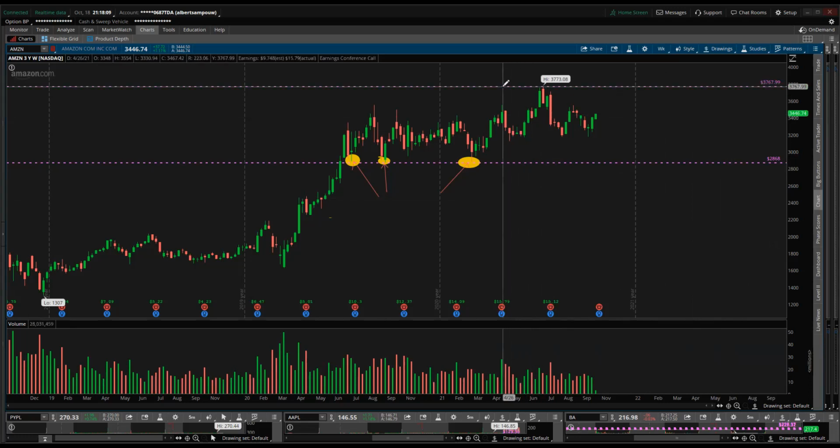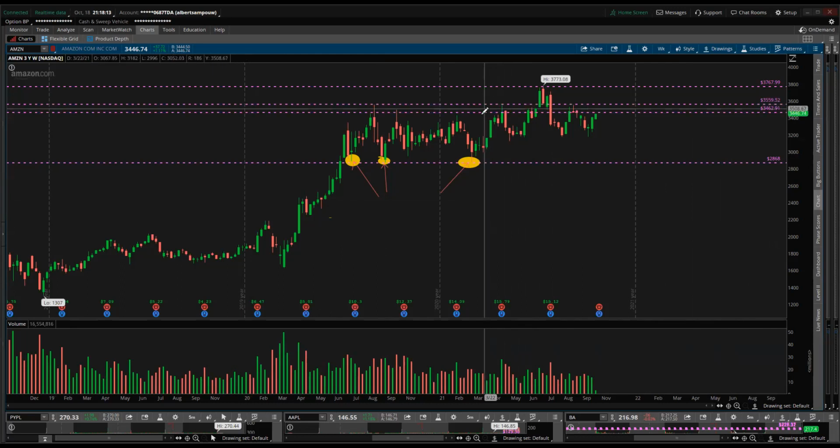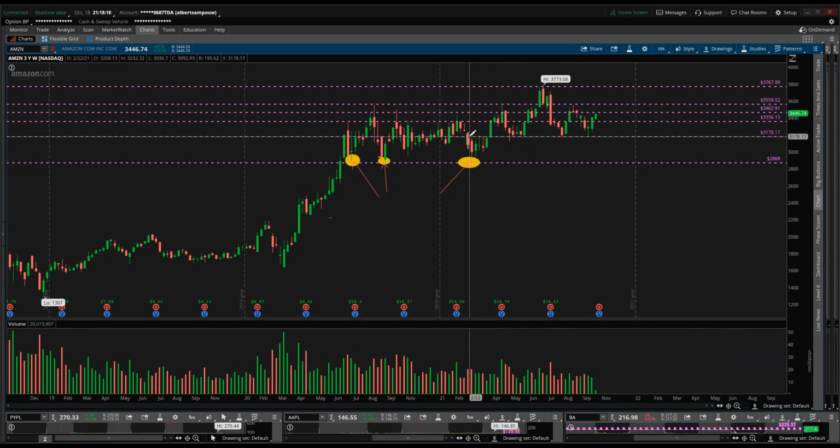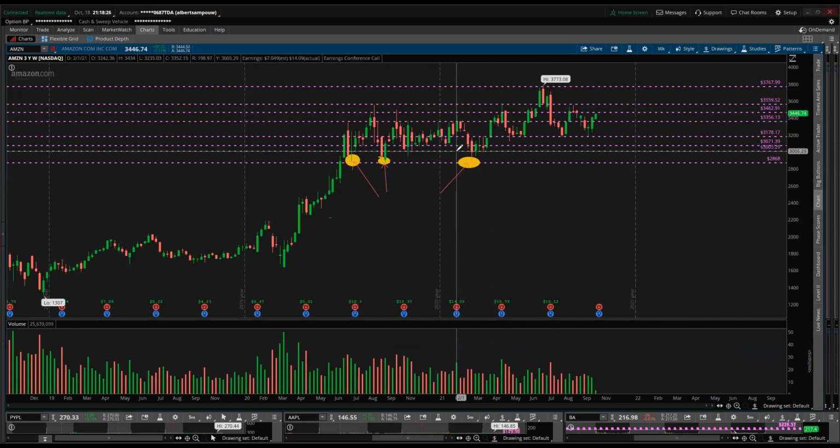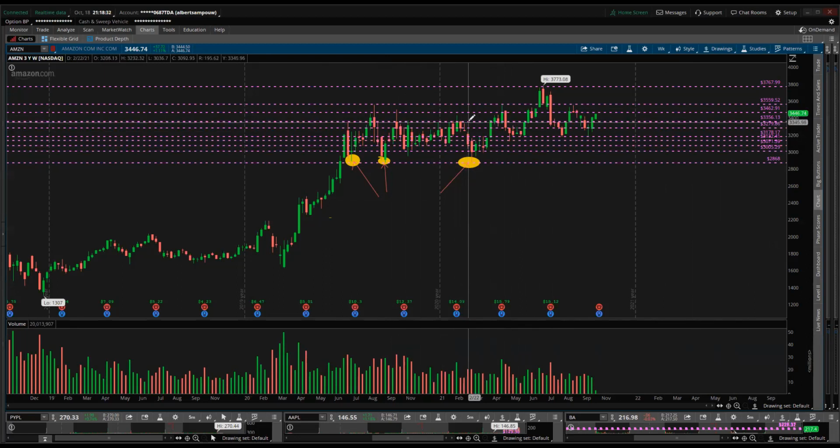Now we're gonna make one on top here. I'm gonna make one here. I'm doing it fast because I'm used to this, but all I'm doing is looking at where the wicks find each other, and I'm making a line through them. And remember, this is on a weekly, so each line that I make here is a very, very strong support and or resistance.